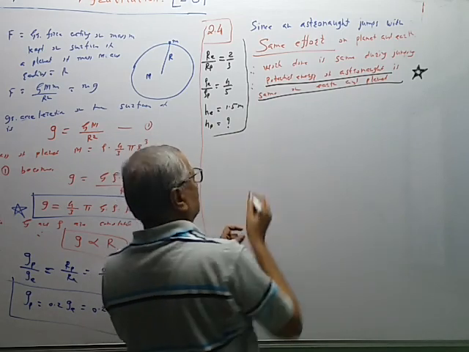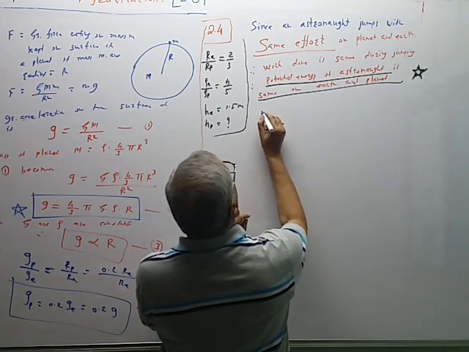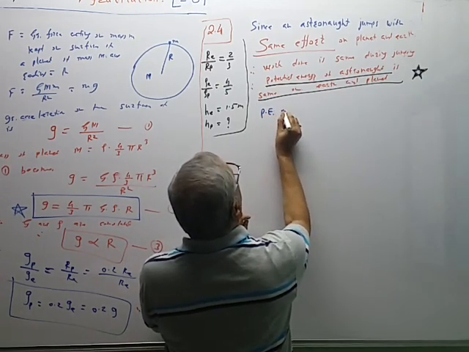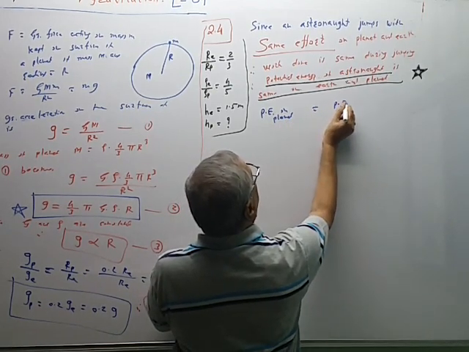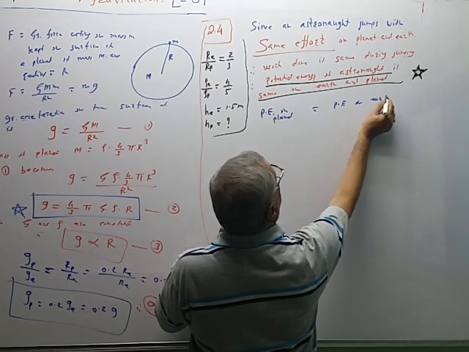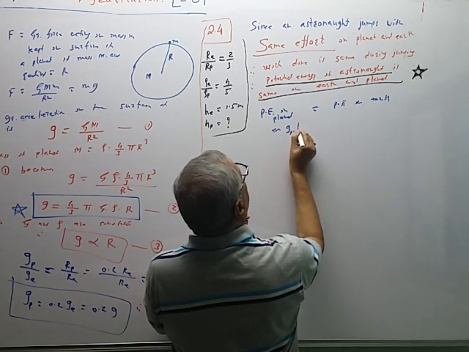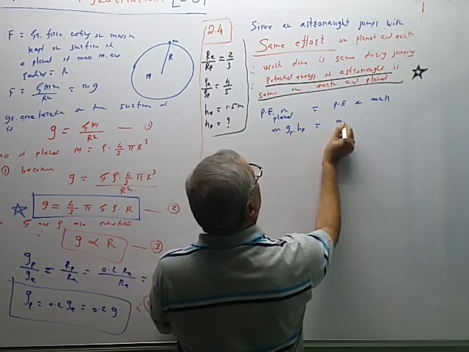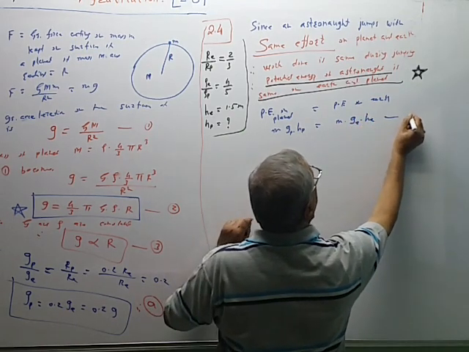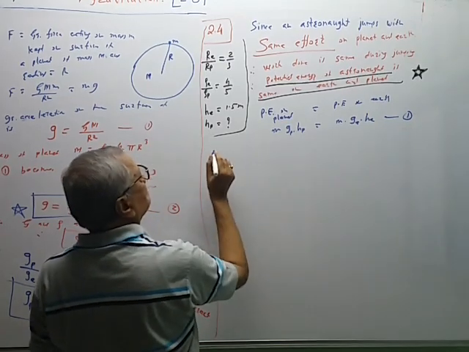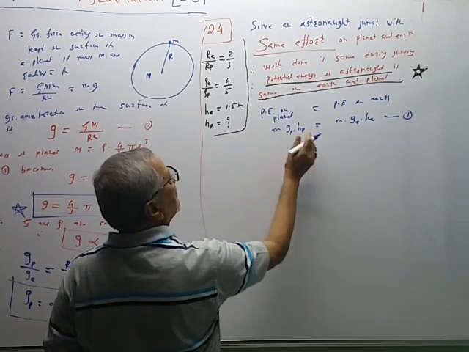And therefore PE on planet is equal to PE on Earth. So m into gp into Hp is equal to m into g Earth into He. This is equation 1, where this m will get cancelled.